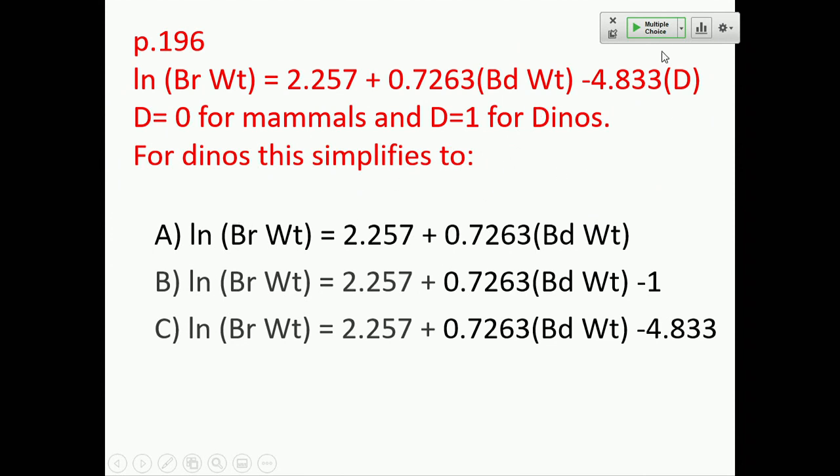All right, so for dinos, what does it simplify to? All right, so I'm just going to stop it now.